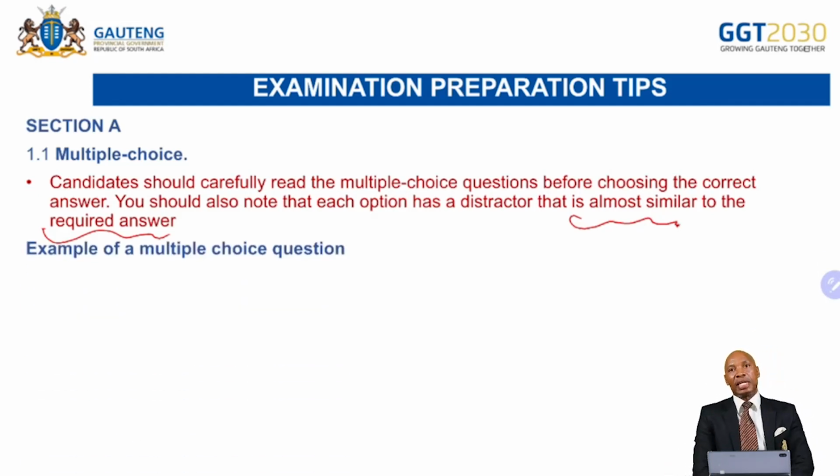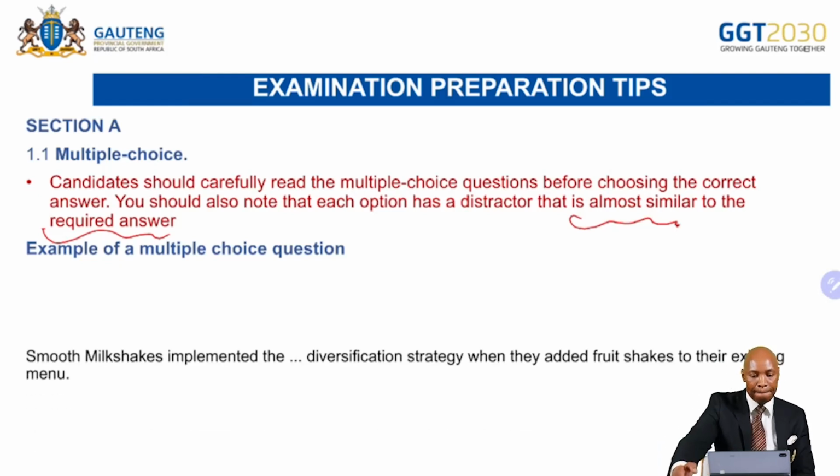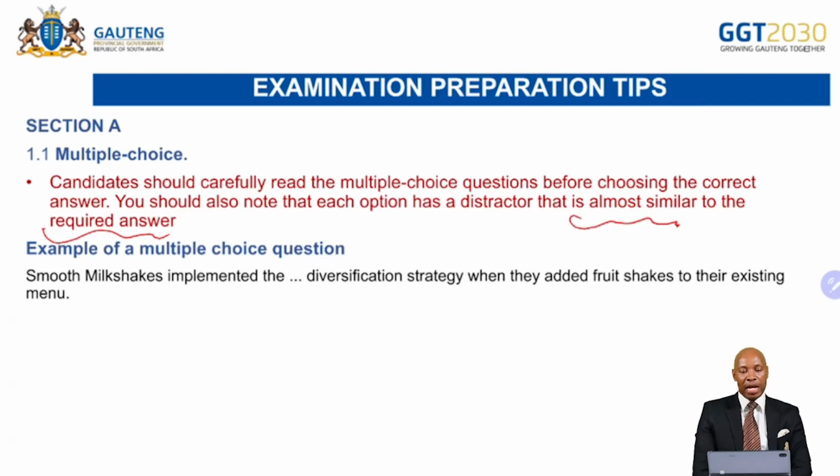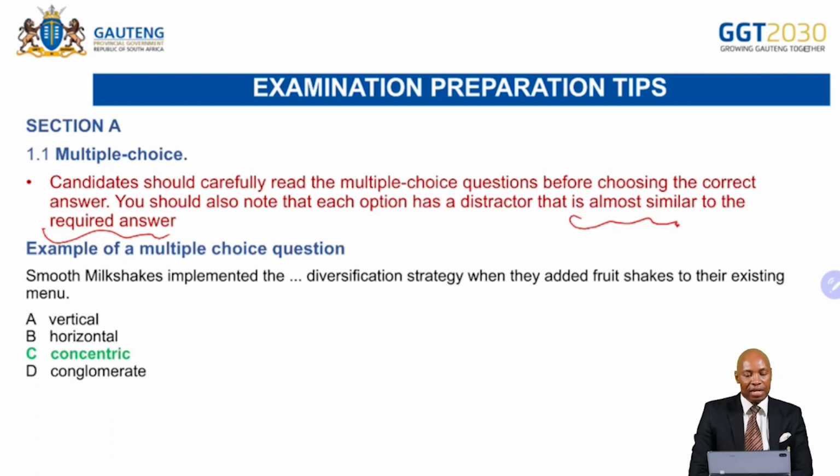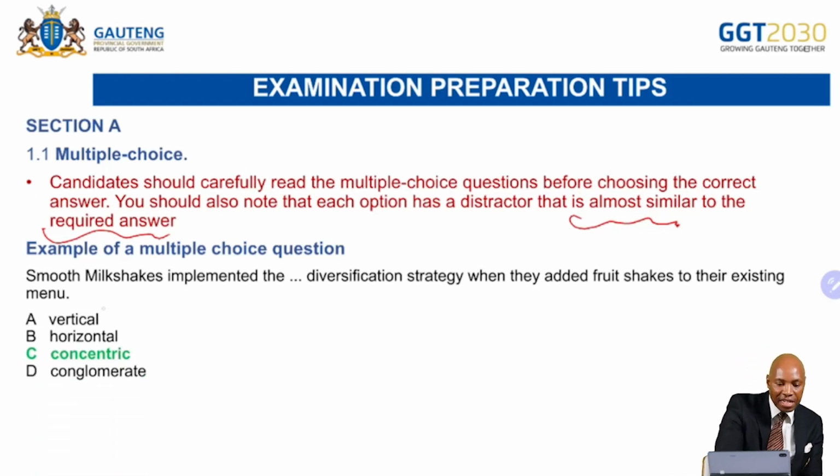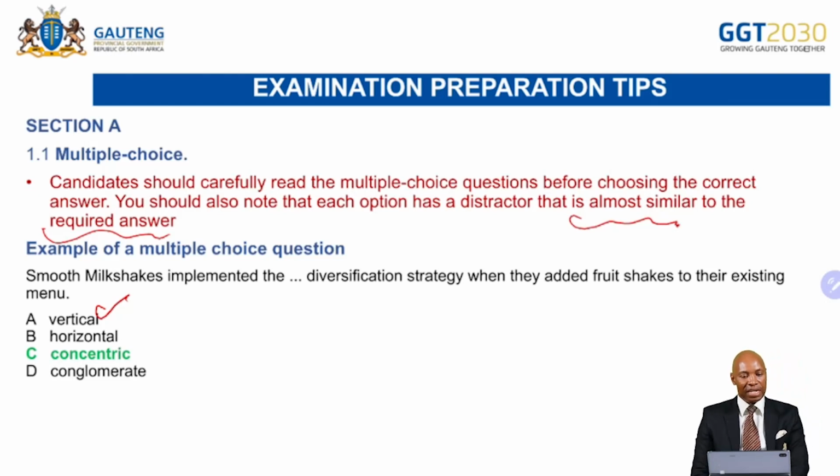Now, let's look at an example of a multiple choice question here. Smooth milkshakes implemented their diversification strategy when they added fruit shakes to their existing menu. Now, let's look at our distractors. You find vertical, it can be vertical.